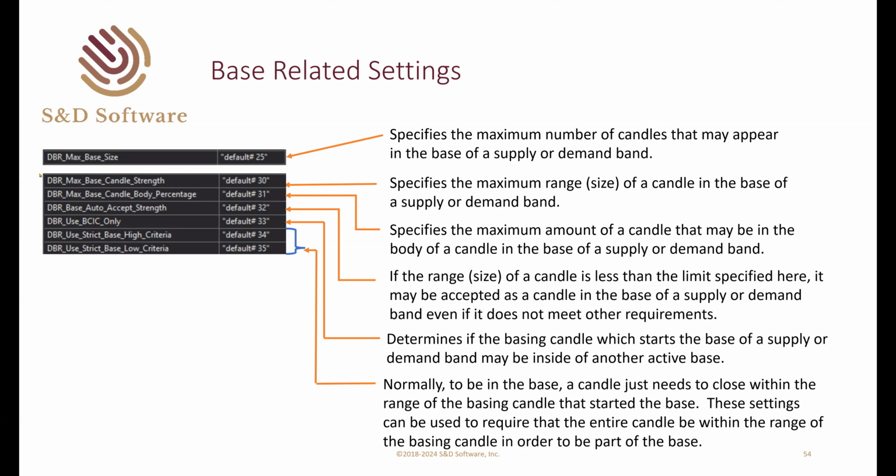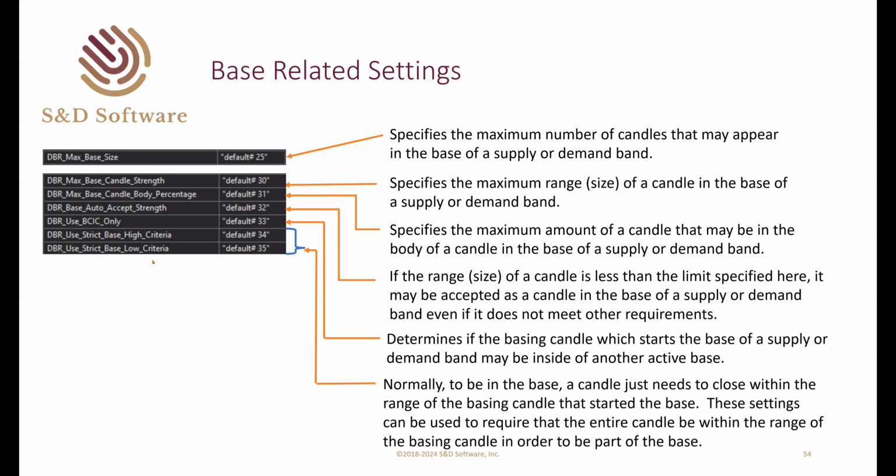Now, when we look at the candles in the base, we can place certain restrictions on them so that we don't have any unusual situations. For instance, if we have a candle in the middle of the base that's got a huge wick, is that really a good base? I don't know. Some people will still use that, other people will not.